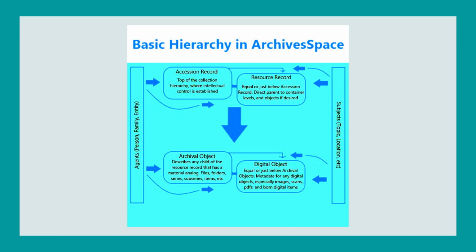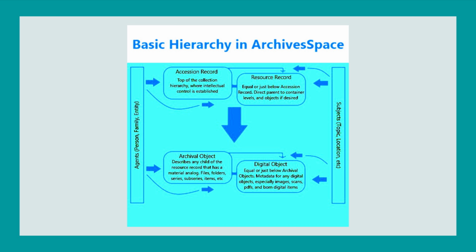It should also be noted that you can create a resource record either by creating a new resource record or by spawning the information from an accession record that you've previously created, although you might need to then add some additional information to complete the resource records.